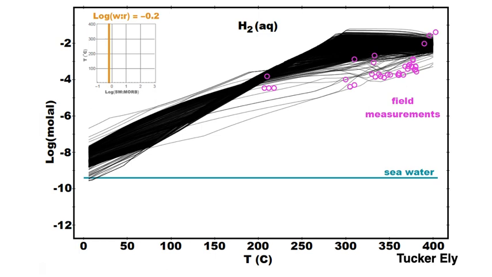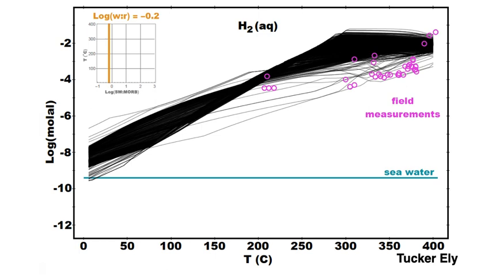Here we are zooming in to this zone of high diversity in Shannon entropy. Here's a plot of the resulting hydrogen concentration as a function of temperature at a log water-to-rock ratio of -0.2, as indicated by the inset figure.